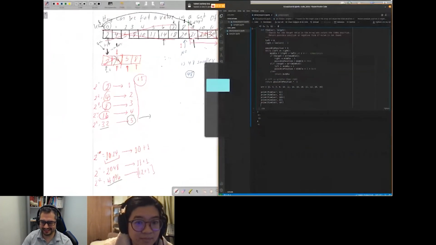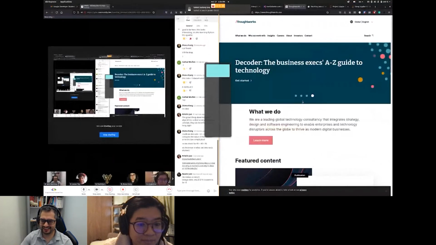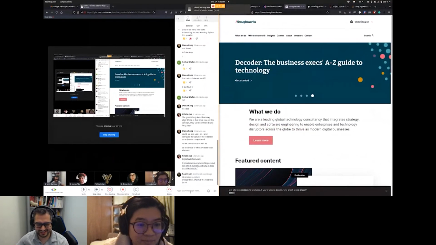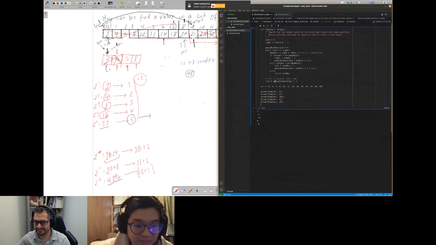Does Python have anything like that? That is a good question. The simple fix would be right here: we check what possible position is, and if it's 0, we just return some value there to make sure that's what we want.